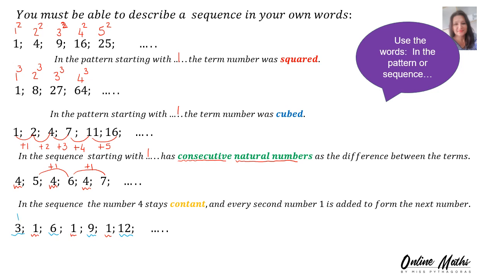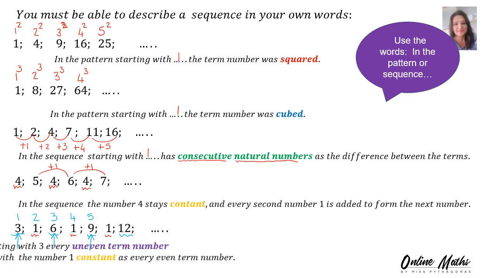This is term 1, term 2, term 3, term 4. Then every uneven number, the first term, it's an uneven number. The third term, it's an uneven number. The fifth term, it's an uneven number. So the term number is an uneven number, and there you find a multiple of 3.